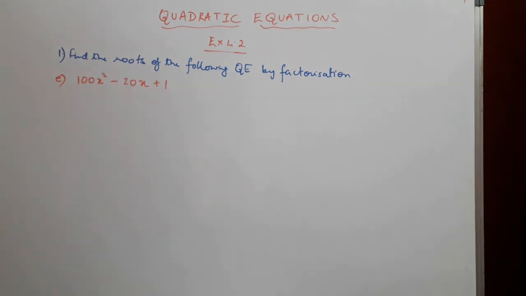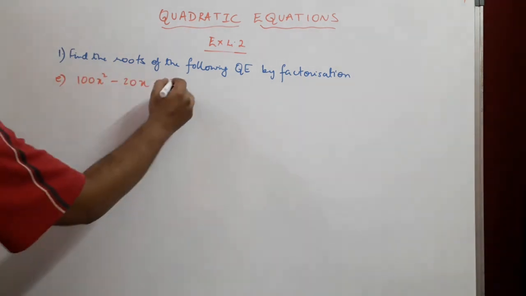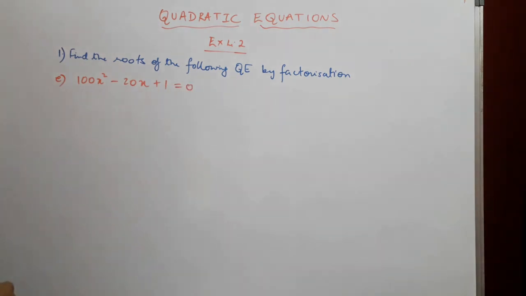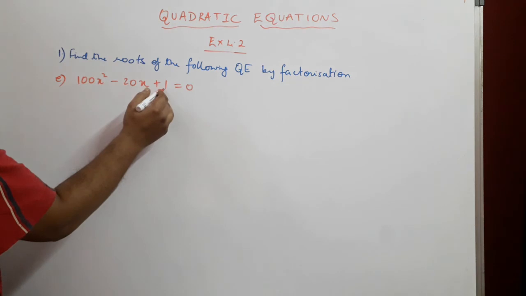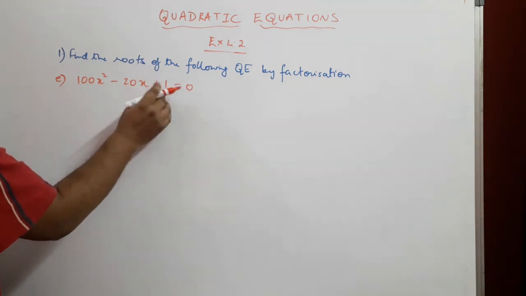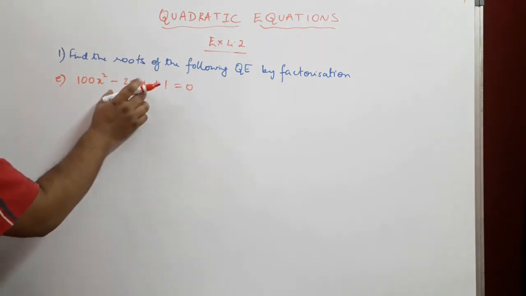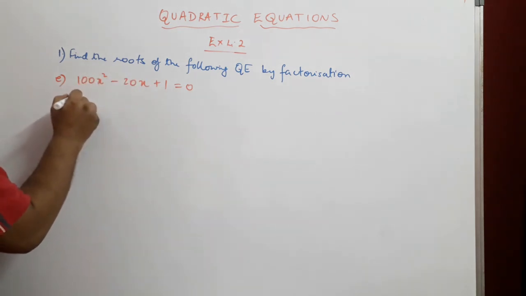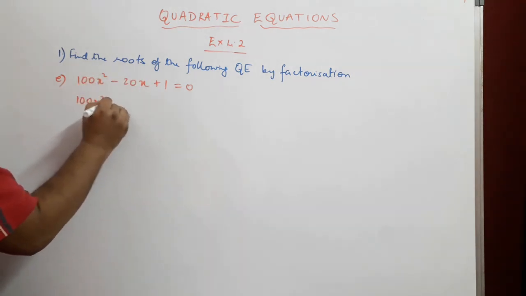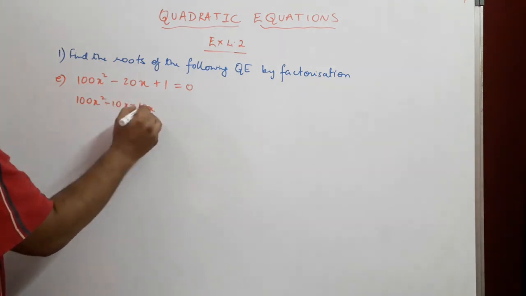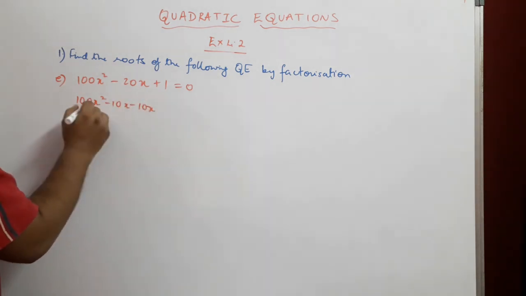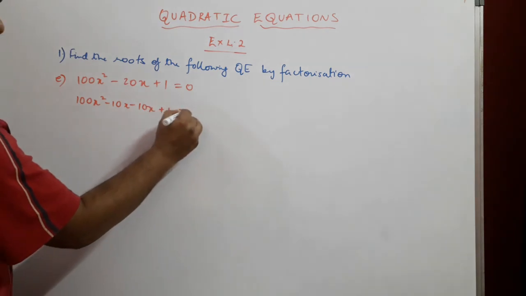Coming to the final problem, it's 100x square minus 20x plus 1 equal to 0. Once again, the middle term is negative and the constant term is positive, which tells us that both the terms are negative. So 100x square minus 10x minus 10x, that will give us minus 20x, and 10 into 10 is 100, and positive 1 equal to 0.